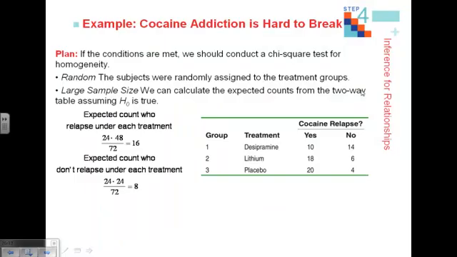Okay, now our calculator did it for us. Can we just review really quickly how it did that calculation? How did it get that the expected number was going to be 16 for that cell?